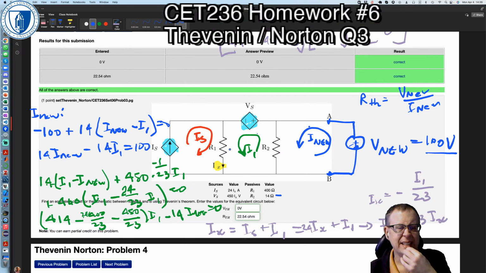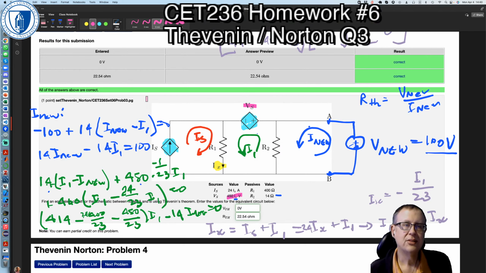And then the next one is going to be I1, and here we have again R1 times I1 minus I nu, plus 450 times IX, the VS dependence. So IX is this current here, and IX is nothing more than IS plus I1, which means we have IS equals 24 IX, so IX equals 24 IX plus I1, right?